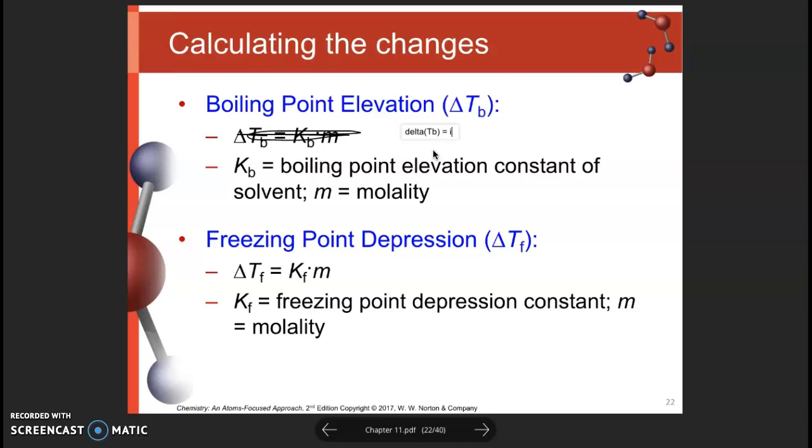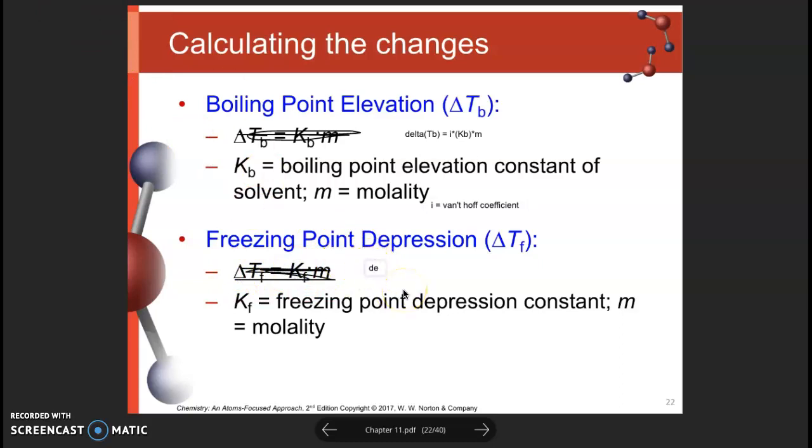Delta T is equal to i times Kb times m, where i is the Van't Hoff coefficient, and our freezing point depression isn't this anymore.